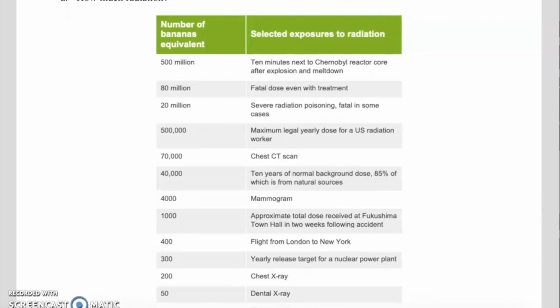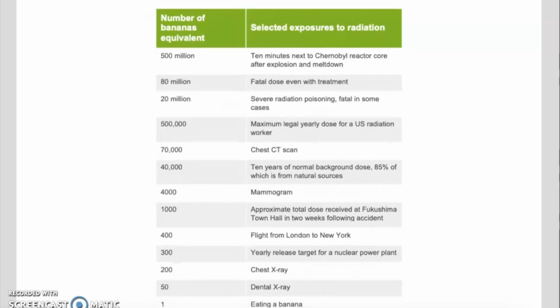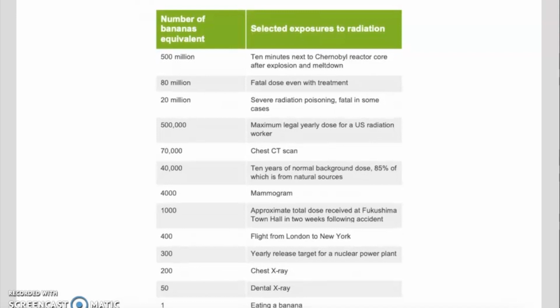Now, don't get me wrong, the IB is not going to give you number of bananas on the exam. And if you go to a nuclear physicist, they're not really going to know too much what you're talking about. But I like to start here because 1 banana, we know what that's like. We know what that exposure to radiation is like. We know that it's not something to be worried about.